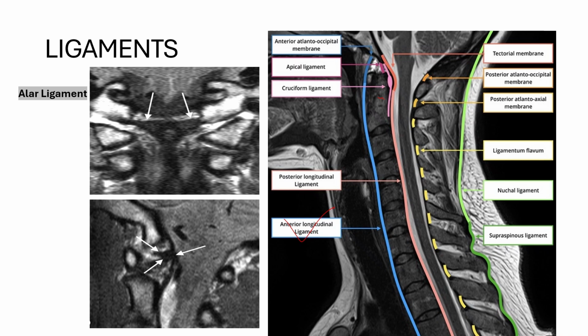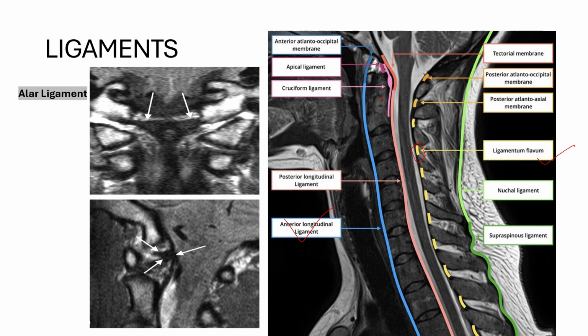Now the posterior ligaments. Ligamentum flavum lies in between the laminae, and it has elastic properties that assist in extension recoil. Another one is the posterior atlanto-occipital membrane. It attaches the foramen magnum to the C1 posterior arch, and this limits flexion.